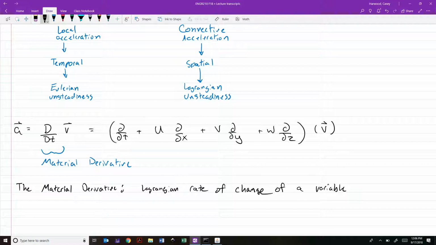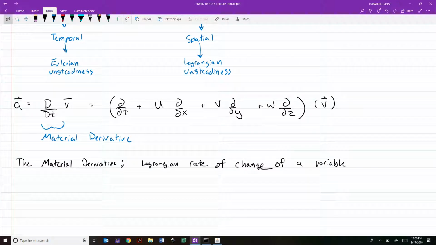This brief derivation was completed in the context of the velocity field, but the variable that we're tracking the rate of change of can be any property of a fluid. It can be velocity, density, temperature, salinity, etc. This is simply a way of tracking the rate of change of each particle at its instantaneous position in space.